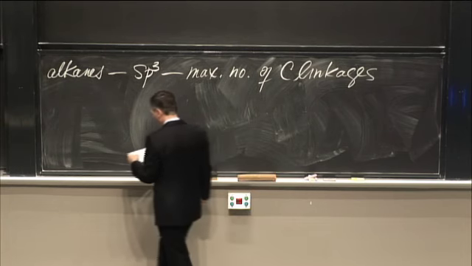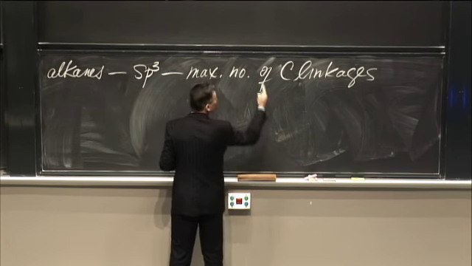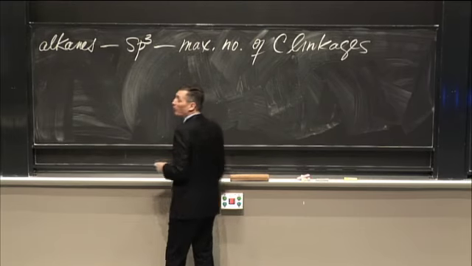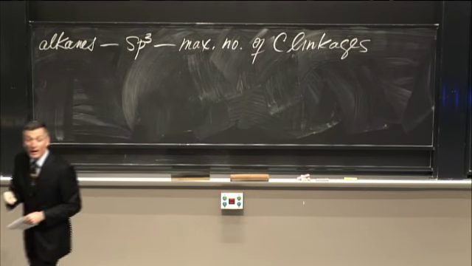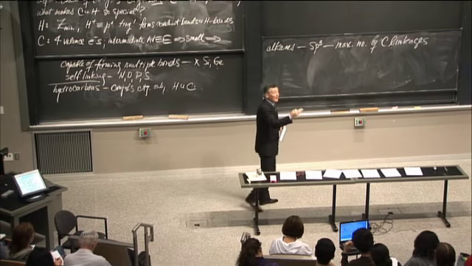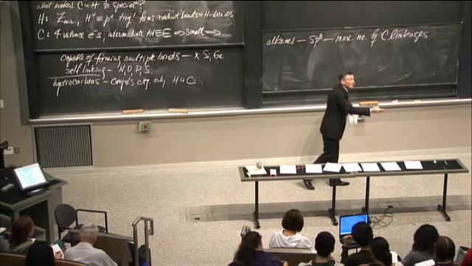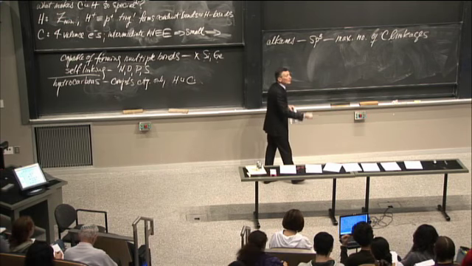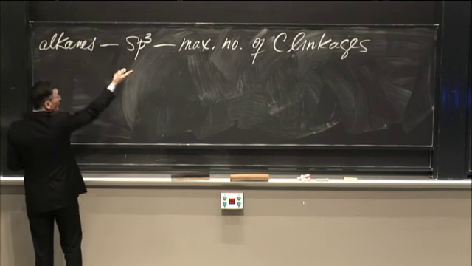So the maximum number of carbon linkages, and because they have the maximum number, we're going to borrow terminology from the last unit on solutions. What's the maximum amount of solute you can get into a solution called? It's called the saturation value, and they use that term here.